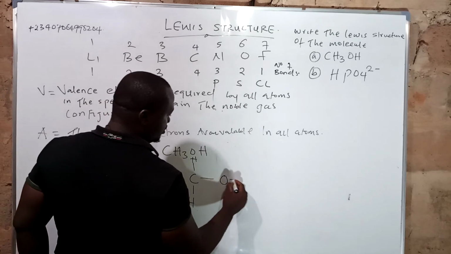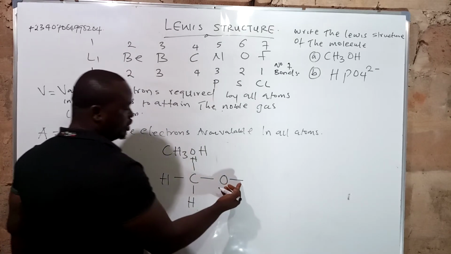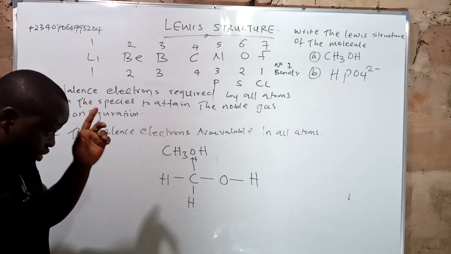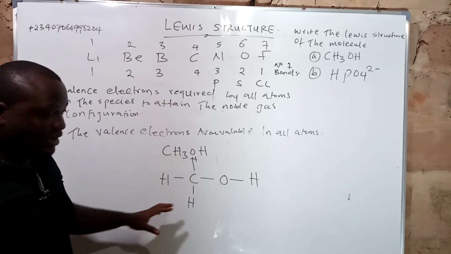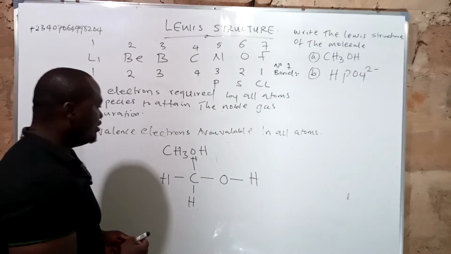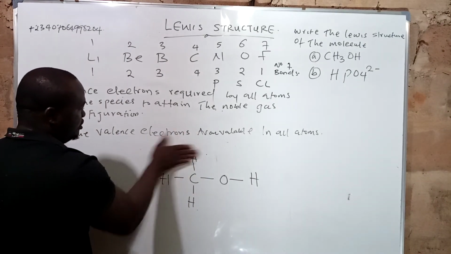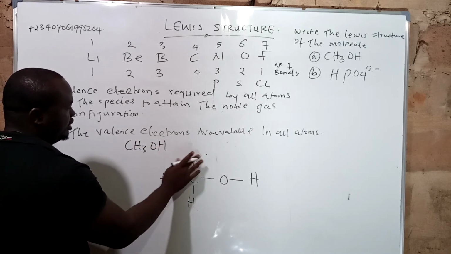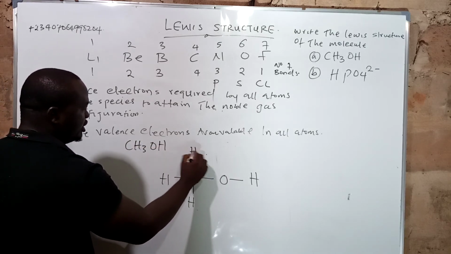So this is 1 bond, 2 bond, and of course hydrogen can only form 1 bond. Now this is the skeleton. Let me write this so that I'm not confused: we have CH3OH, right? So this is the skeleton.